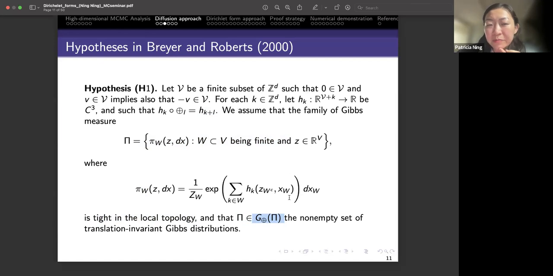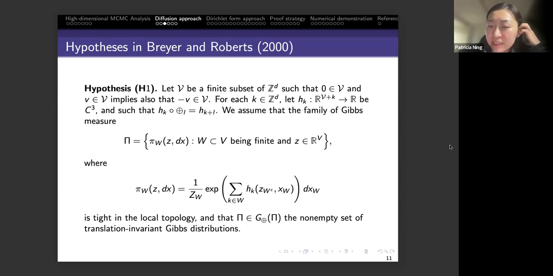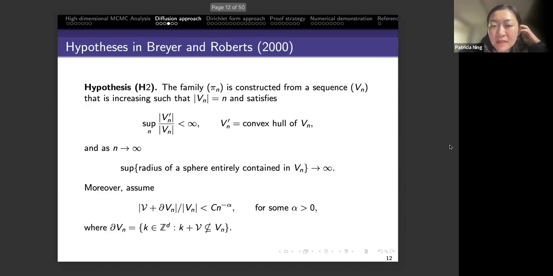That's our assumption on the Hamiltonian function and the graph structure. That's their assumption in the diffusion approach. Later, I'm going to relax that. And H2: the family pi_n is based on V_n, an exhausting sequence of the vertex set.